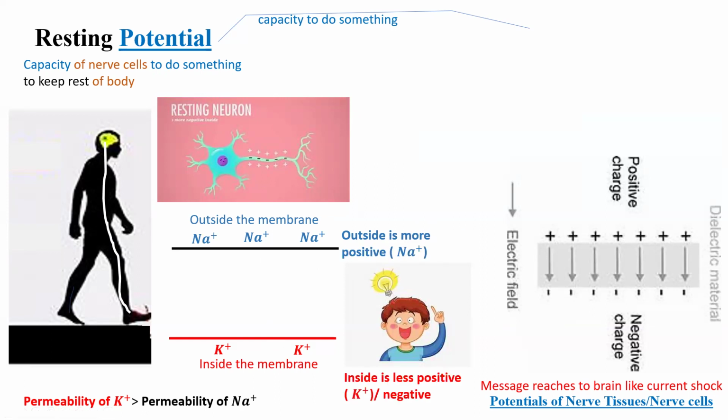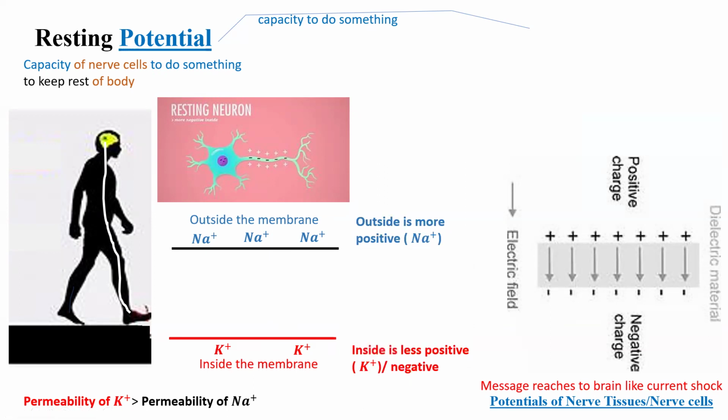And later on, because outside is more positive, the inside is less positive, or you can say it is equivalent to a negative charge. So in the state of resting potential, there is not a very high electric potential between both sides of the membrane.